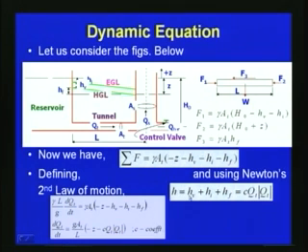Here H is equal to HP plus HI plus HF. With respect to Darcy's equation, the Darcy-Weisbach equation which we have seen earlier, we can write this as C into Qt into modulus Qt.